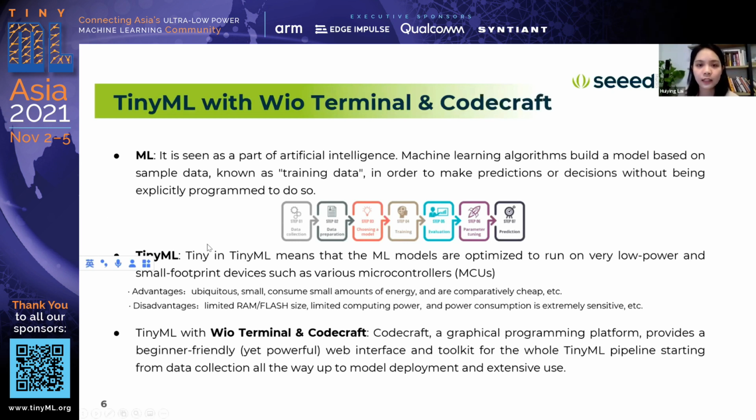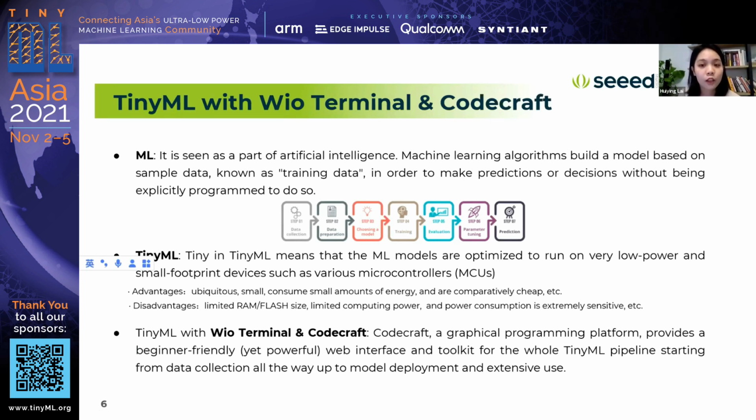Of course, it has limitations. The main limiting factor is the RAM and flash size of microcontrollers. No matter how well optimized, you won't be able to fit that huge model into a tiny microcontroller. We need to clearly know the size of the machine learning model we have built.